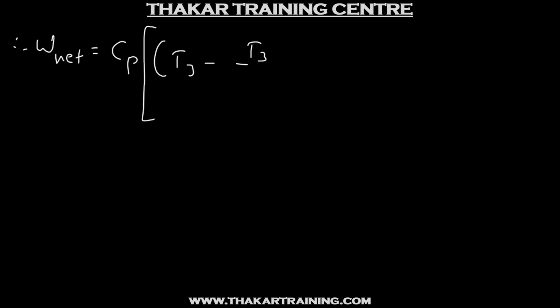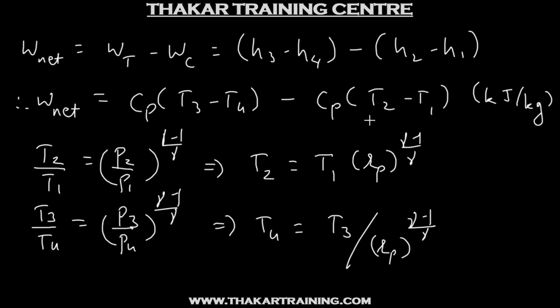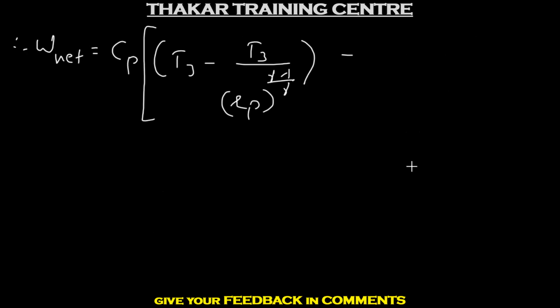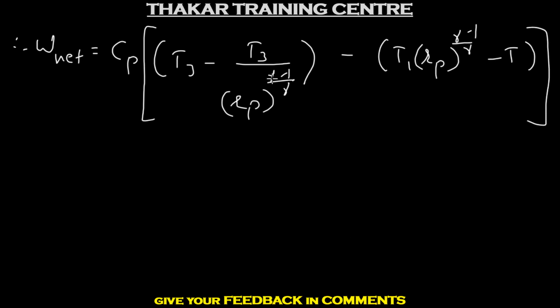And the second term is T2 minus T1. T2 is T1 into Rp raised to gamma minus 1 upon gamma, minus T1 as it is. And we have taken Cp common throughout.